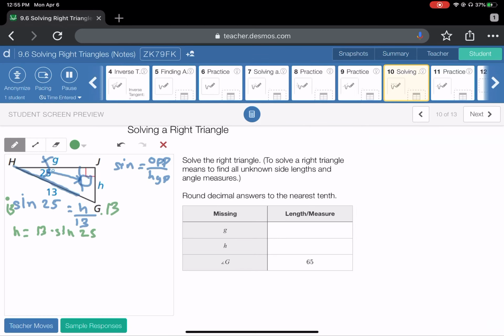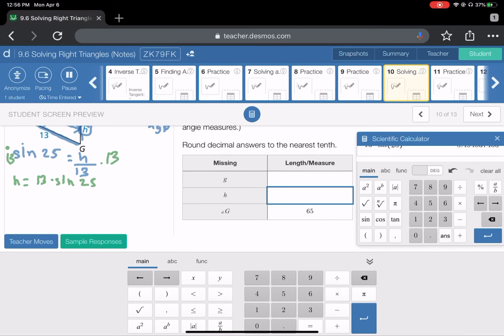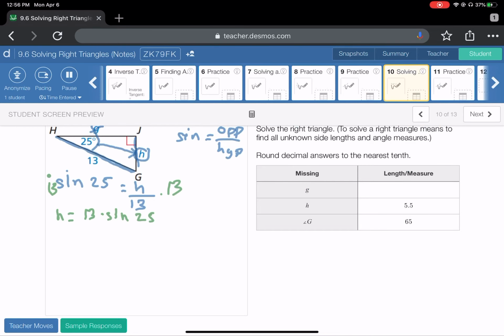I can use my calculator to find that value. So 13 times, remember this one is now regular sine of 25 degrees. That gives us the value of h. H is approximately equal to 5.5 because we're rounding to the nearest tenth, or the first decimal place. Okay, that would be our h.